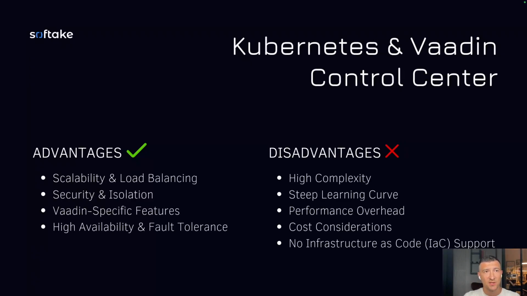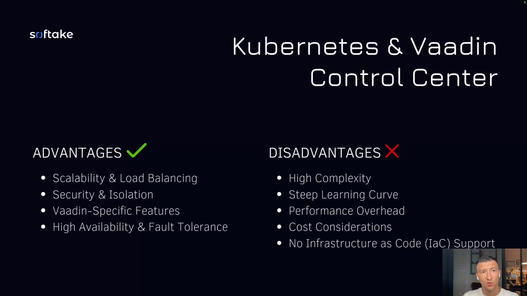The next option is Kubernetes plus Vaadin Control Center. This is a powerful yet complex solution for deploying applications. It offers automatic scaling, high availability, and rolling updates, ensuring a smooth performance for users. Security is another key strength, offering role-based access control, namespace isolation, and secure secrets management. However, Kubernetes and Vaadin Control Center comes with challenges.